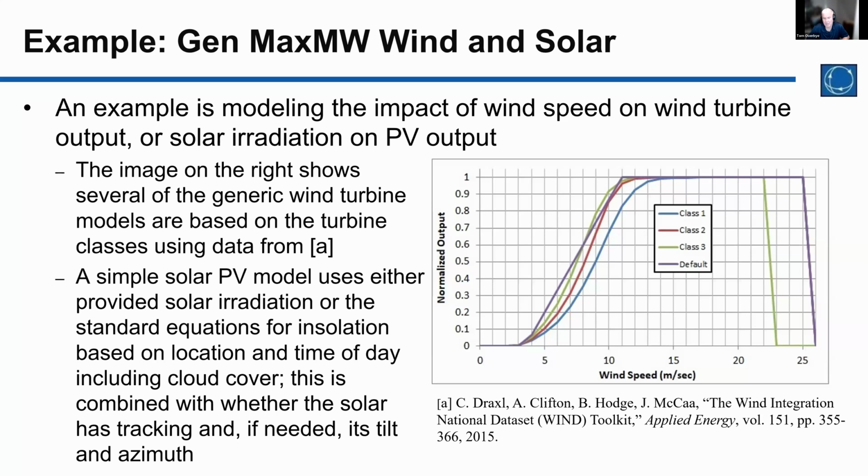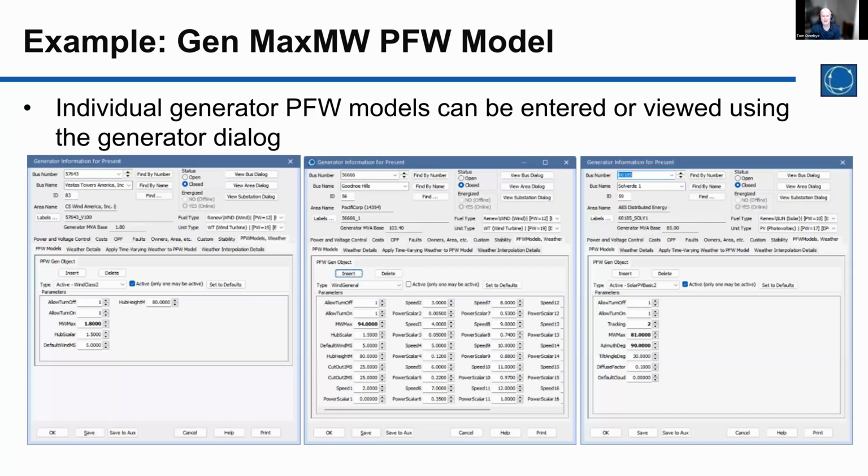One of the parameters is the max megawatt value for the wind turbine, assuming it's running at full blast. Then we model the power speed curve here, and it's based on the class. We recently, I guess it's on the next slide, implemented a new model, which we call the wind general model, and that's similar to these wind class models, except as parameters, you can enter in the power speed curve.